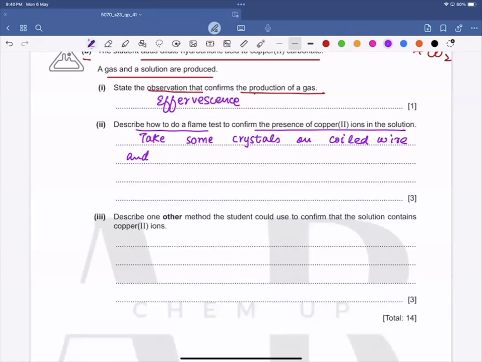Or instead, you can write: make a loop of wire and then dip the metal wire in the solid sample and then place it in the blue flame of the Bunsen burner. So take some crystals on the coiled wire and put it in the blue flame.